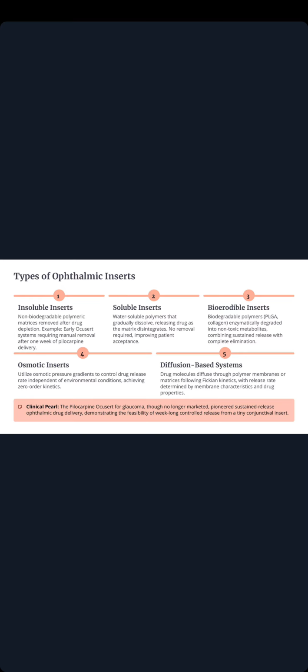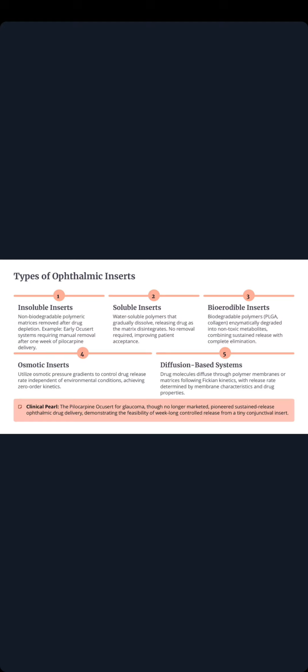Then we have bioerodible inserts. Bioerodible are biodegradable polymers like PLGA and collagen, and they are enzymatically degraded into non-toxic metabolites, and they can go out of the body as these metabolites, combining sustained release with complete elimination. So the third strategy is also very acceptable. We also have osmotic inserts.